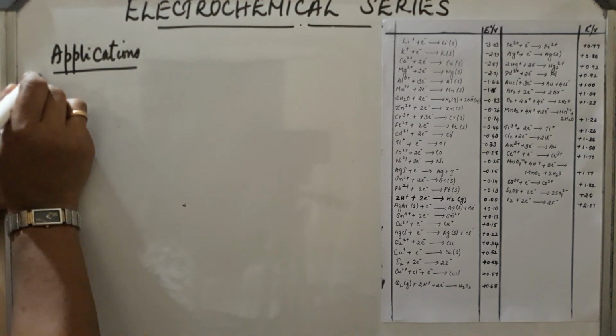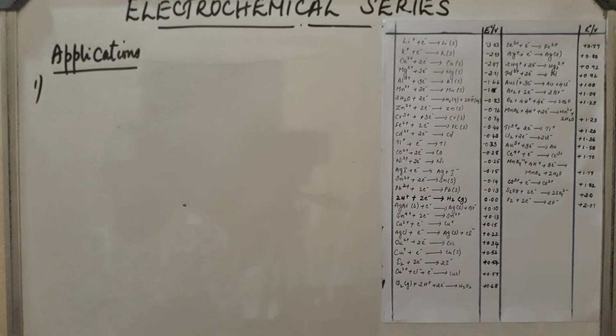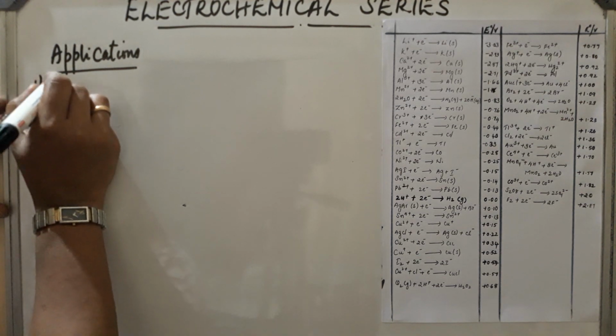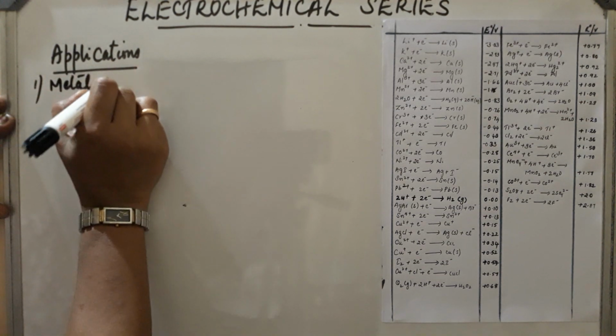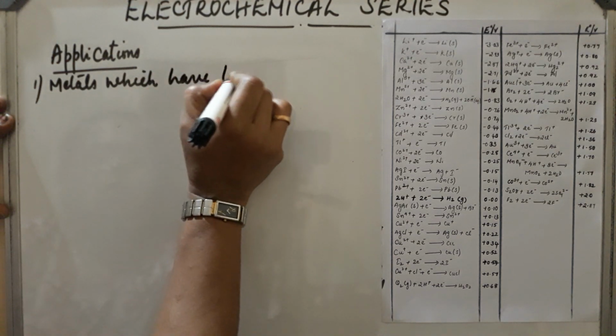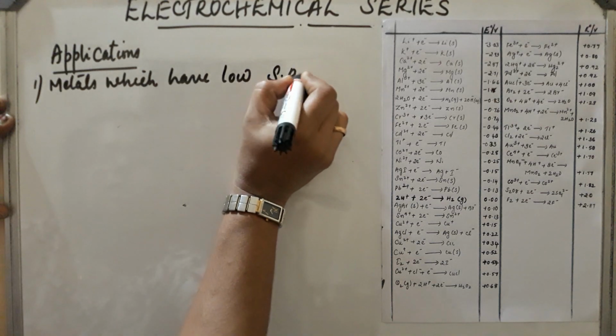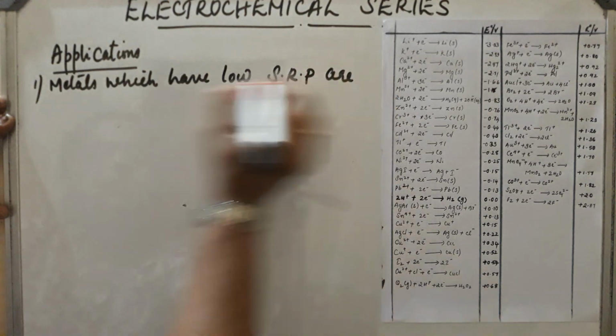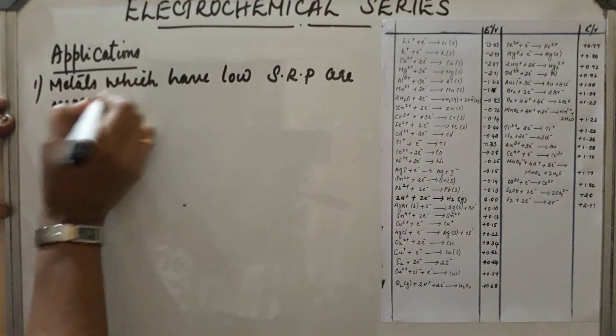First point, metals which have low standard reduction potential are more electropositive.